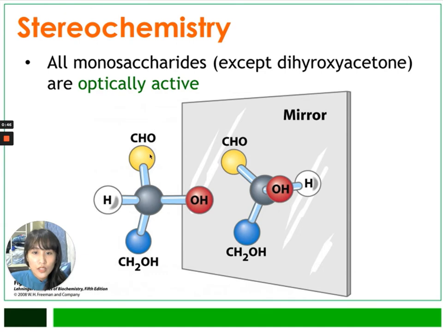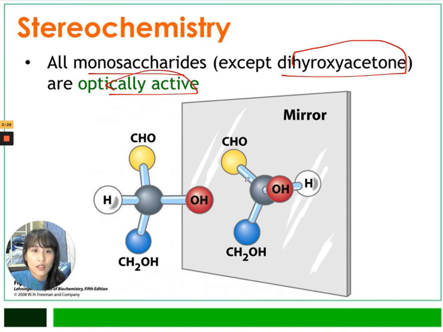As you can see here in the figure, there is stereochemistry in all monosaccharides. All monosaccharides except dihydroxyacetone are optically active. So you can see here that there is a mirror image, or there exists a stereochemistry for monosaccharides.